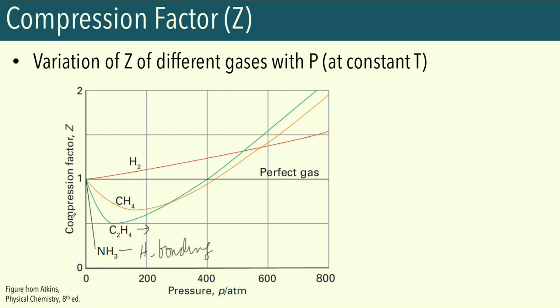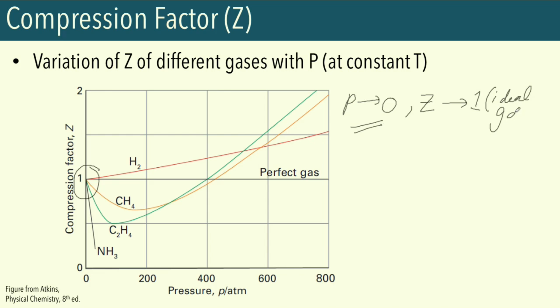Again, for all types of gases at pressure approaching 0, our Z approaches 1. So overall, the behavior of all gases at zero pressure is always going to approach that of an ideal gas.